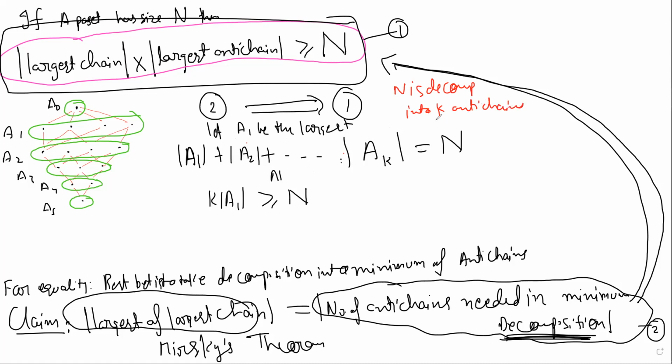It means no. If I've decomposed into K antichains, then I cannot say that the length of the chain equals K. In fact, it will come the other way, that K is bigger than or equal to the length of any chain.